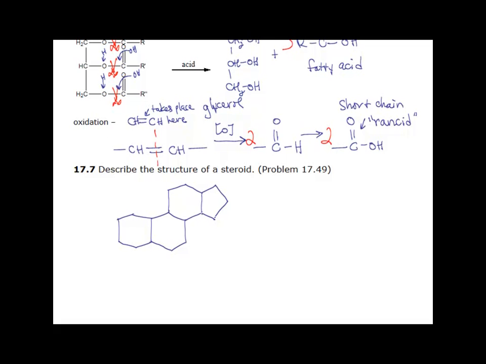So this is a steroid. This is ring A, ring B, ring C, and ring D. There are some nice pictures in your book of steroids, and you can see how testosterone is not that different from estrogen. Just little tiny functional group changes, yet your body recognizes them as completely different. So that does it for lipids.